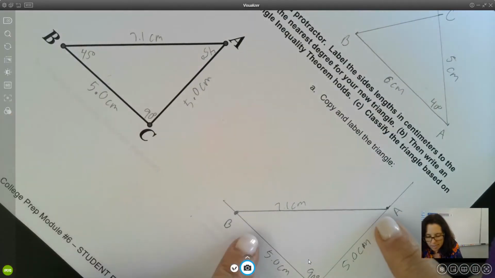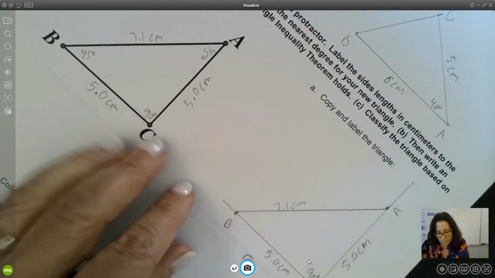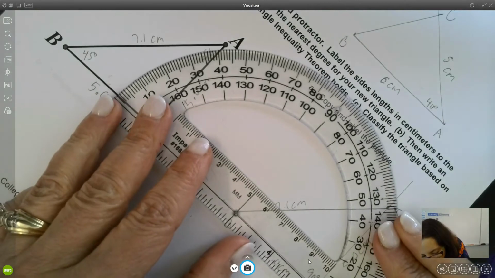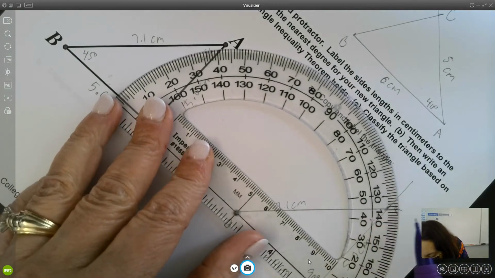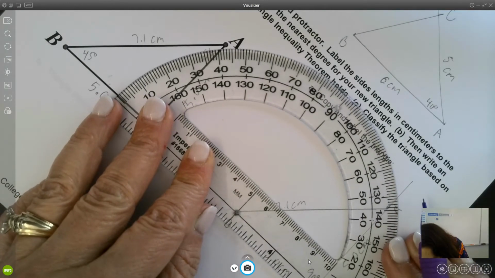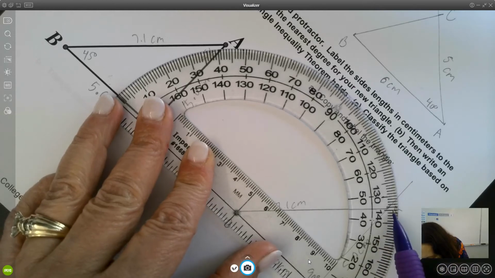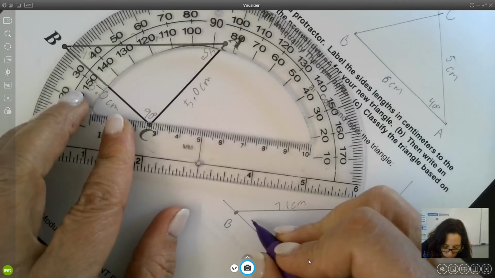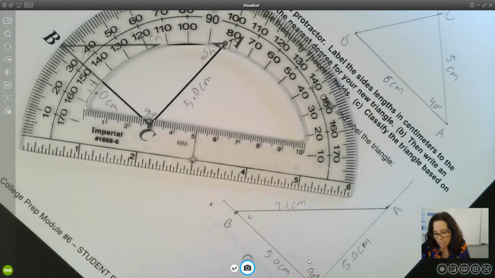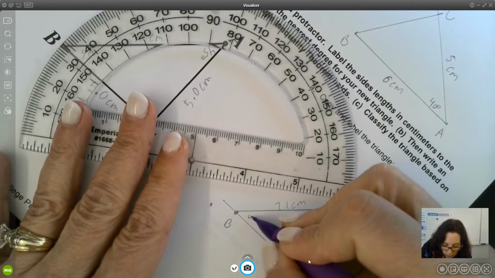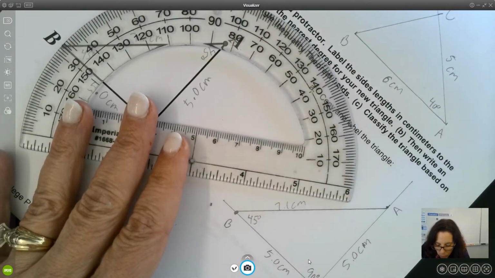The last things I need to measure are these two angles. They better be 45 degrees or very similar. I'm about 45 and a half-ish. 45, 46, somewhere in there.